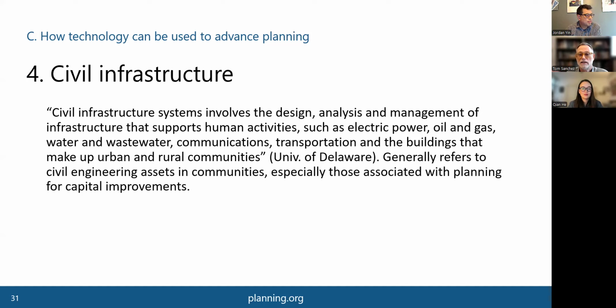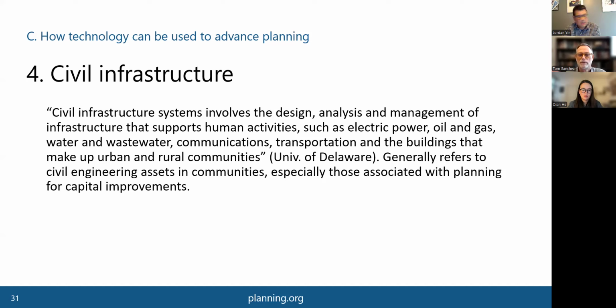And the civil infrastructure systems involving design, analysis, management of infrastructure that supports human activity, including electric power, oil, gas, water, wastewater, communication, transportation, and buildings that make up urban and rural communities.